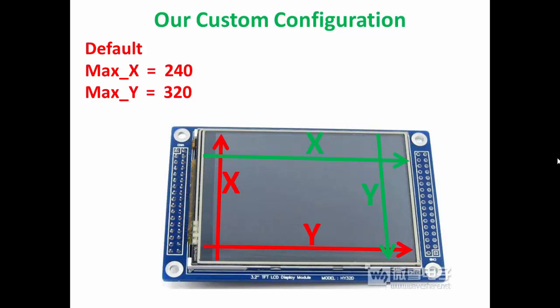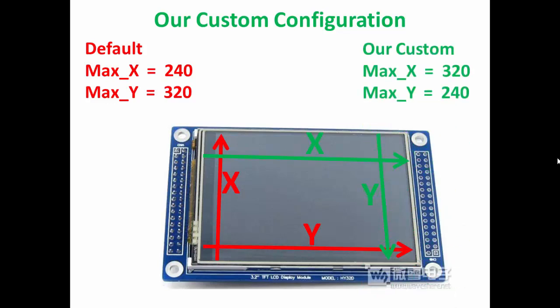Here to differentiate the things, we have shown the LCD default configurations, in red color. And the configurations we want, is shown in green color. Now in this landscape mode, the maximum value of X can be 320. And maximum value of Y can be 240.